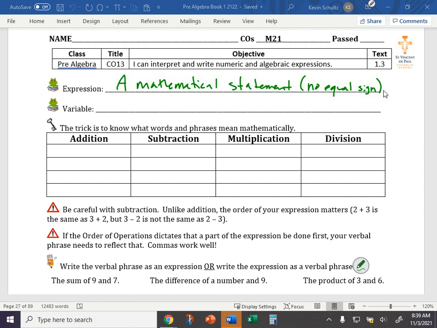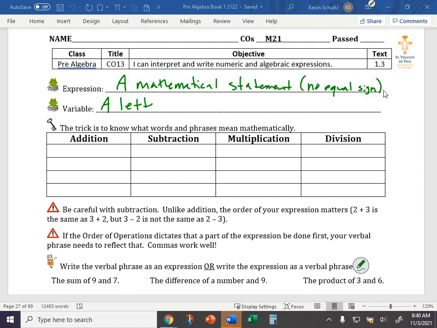A variable. What's a variable? I know you've talked about variables before, but how would you define it? Variable. You are very able to define this. Haley? Okay. So it is usually a letter.